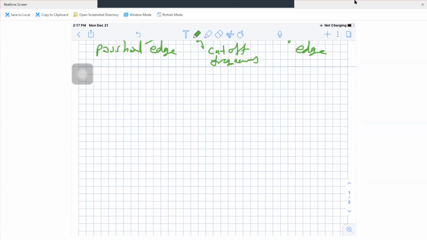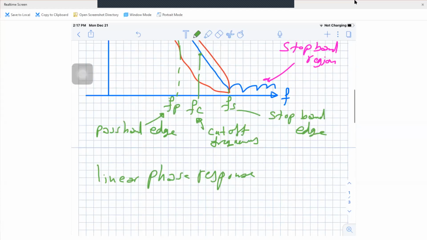Now, another important point in the design of the FIR filter is called the linear phase response. Okay, linear phase response. This is the cutoff frequency FC. Cutoff frequency.